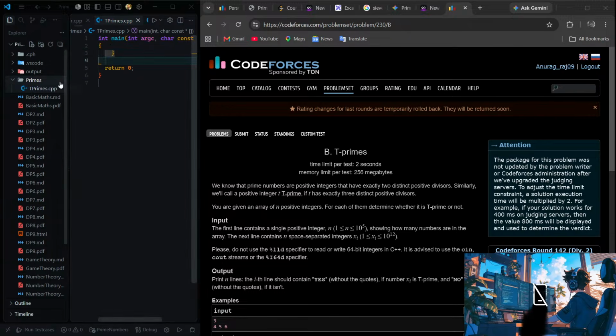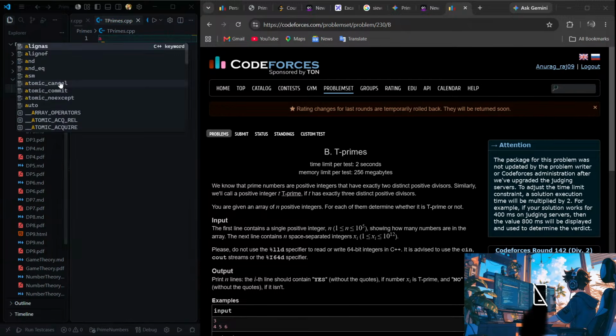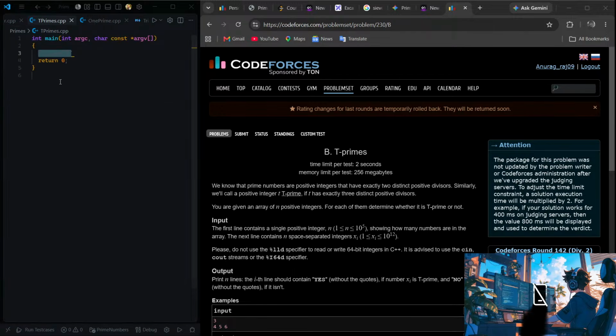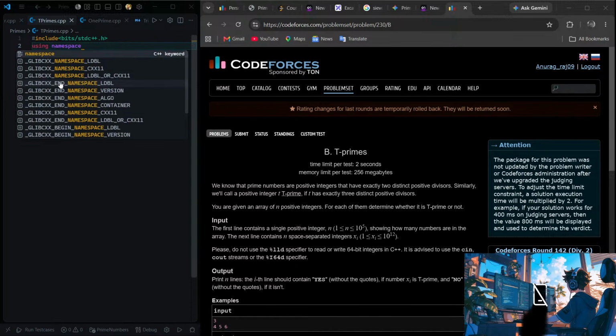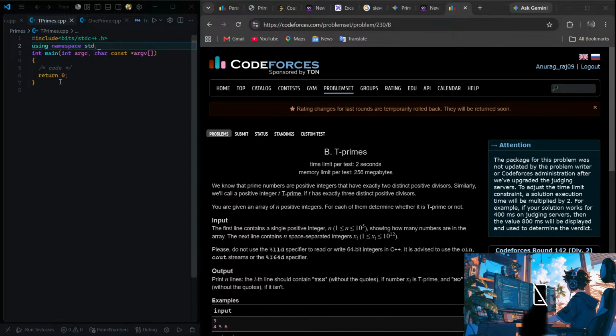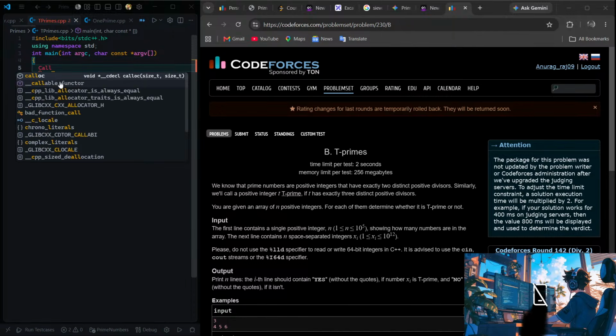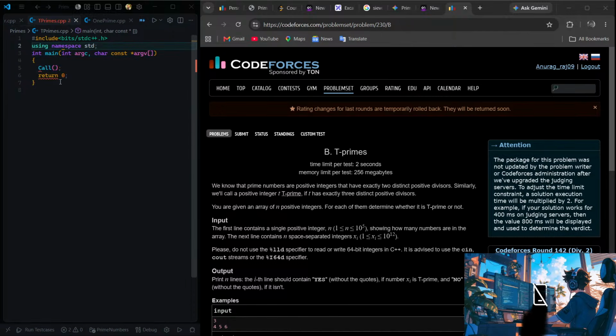So what I will do is control D, hashtag include bits/stdc++.h, using namespace std, and I will call a function, and inside that I will implement the sieve of Eratosthenes.